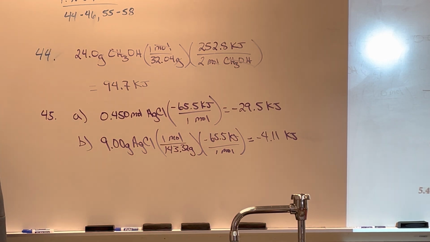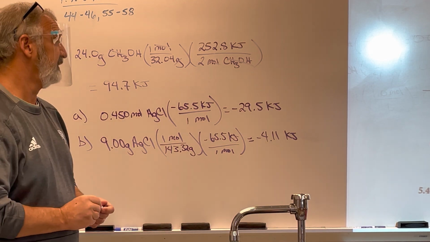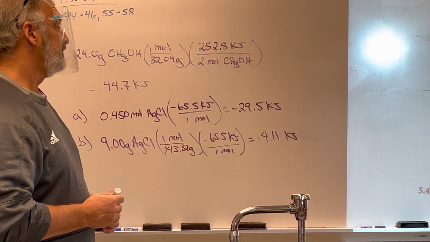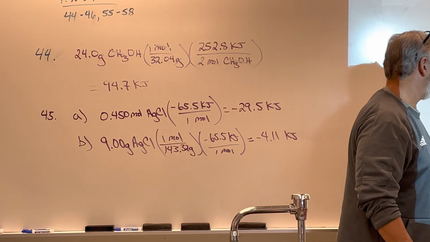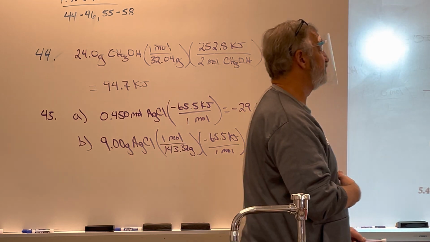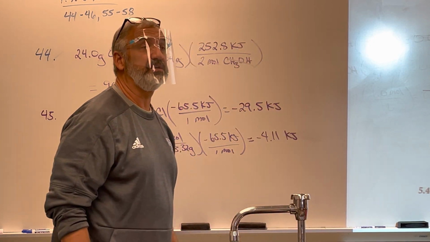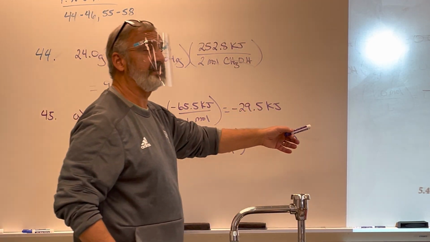Okay? Now C is more of a thought question. Calculate, so now, what's going to be different here when 9.25 moles of AgCl dissolves in water? How does that relate to this reaction?